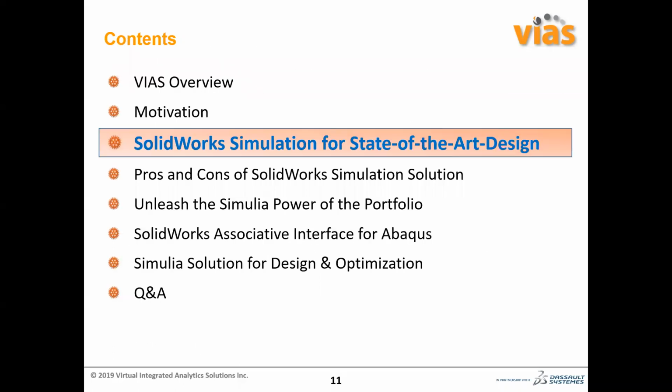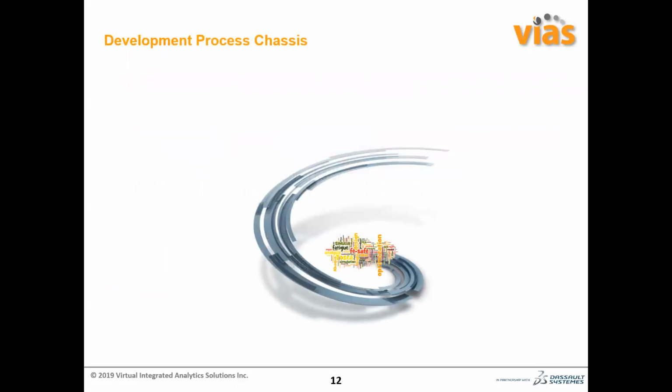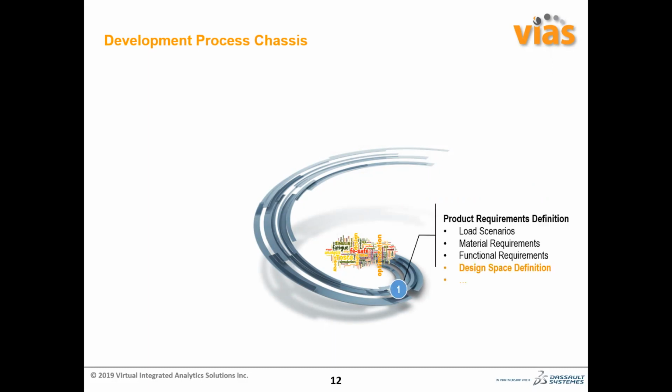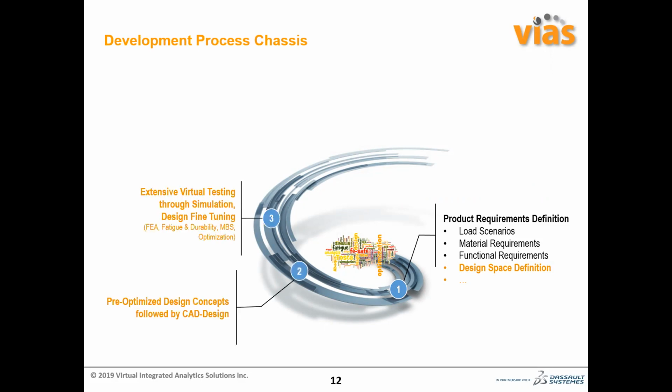In SolidWorks Simulation, this slide shows a different kind of design process where simulation and optimization play a role. As a new step after the product requirement, we find the design space definition, which is the first step for design concept optimization, created by topology optimization, and which already includes constraints for functional and manufacturing requirements.